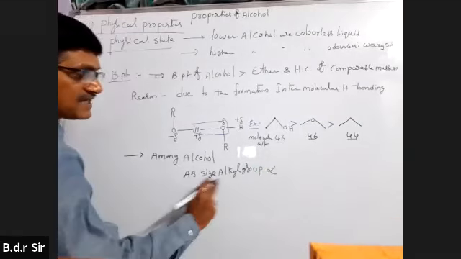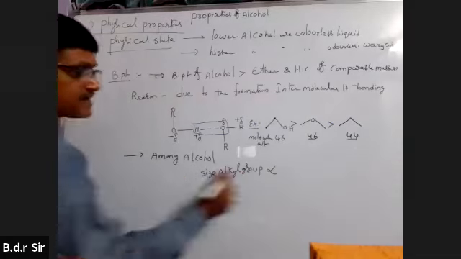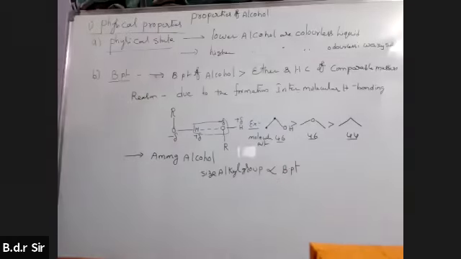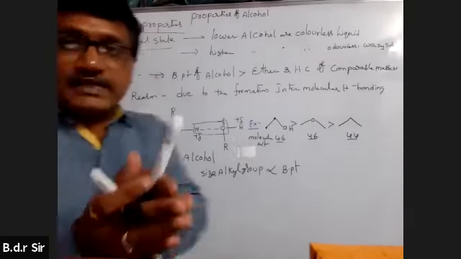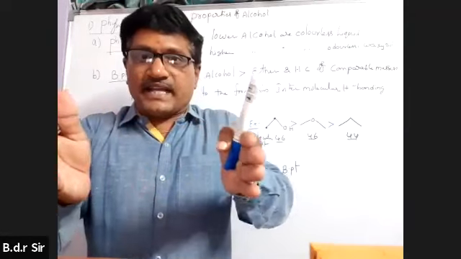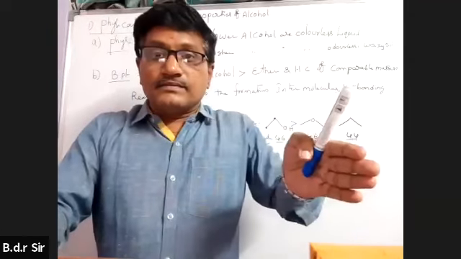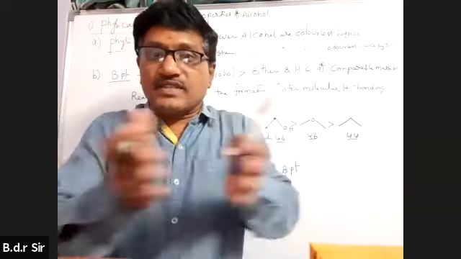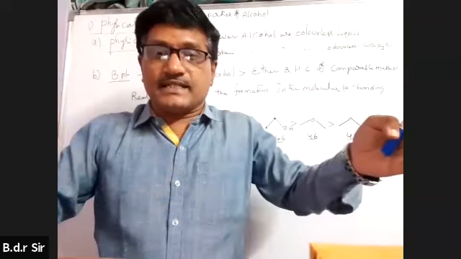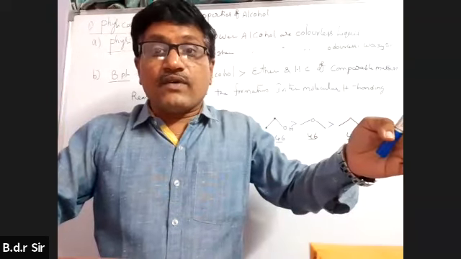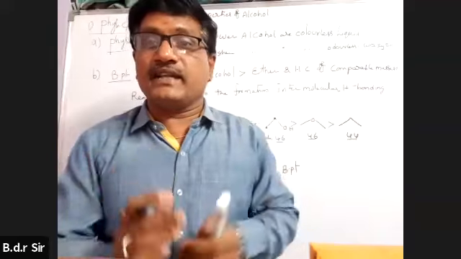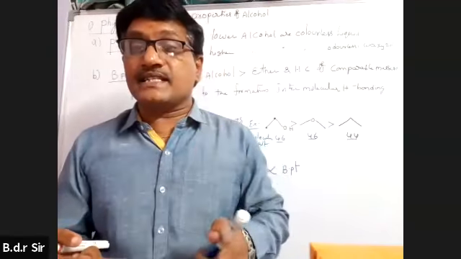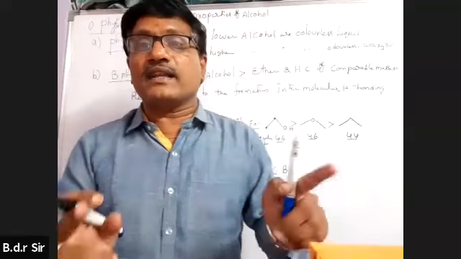It means size of alkyl group is directly proportional to boiling point. Why, sir? What happened? Here, as size of alkyl group increases in alcohol, surface area increases. Due to this, van der Waals forces are increased. Van der Waals forces are directly proportional to boiling point. Hence, the boiling point of alcohol increases as the size of alkyl group increases.